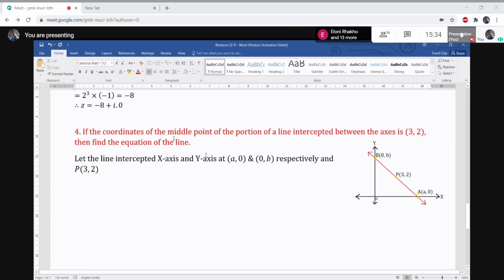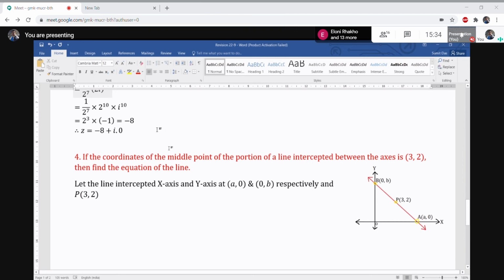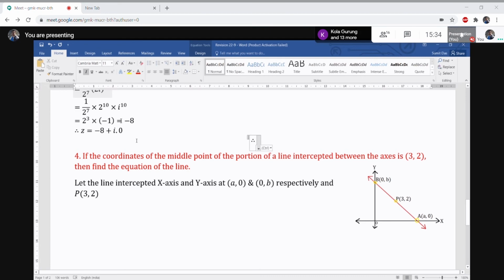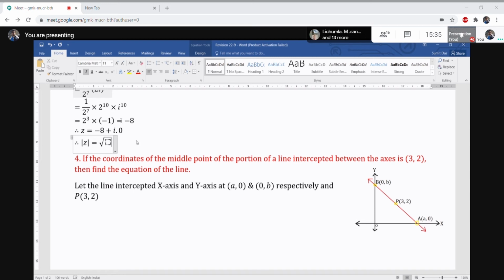So what is the modulus and argument? Modulus means we have to find this. Therefore mod z will be equal to the formula square root of a square plus b square, right?